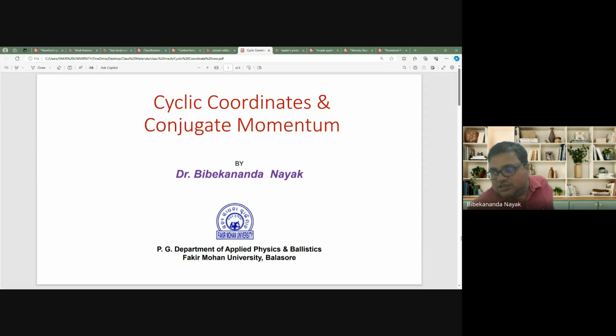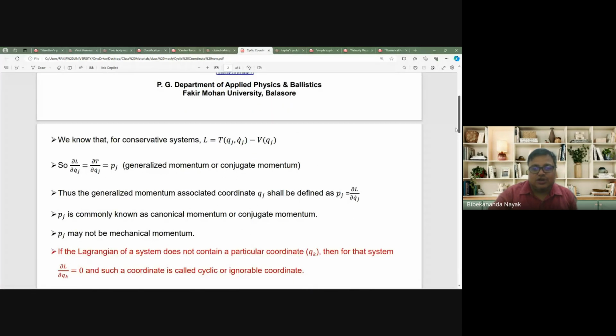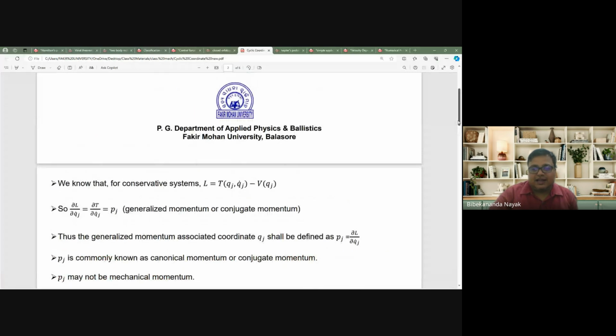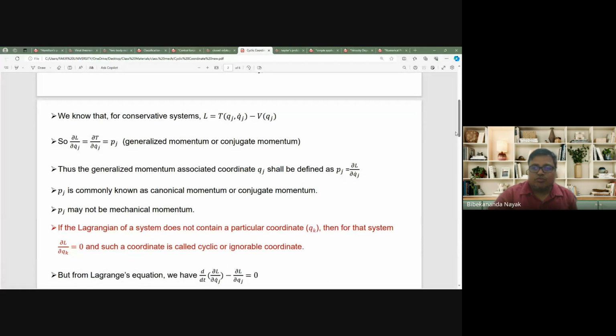If a coordinate does not appear in the Lagrangian, we call it a cyclic coordinate. Lagrangian contains many coordinates. If a coordinate does not appear in the Lagrangian, we call it a cyclic coordinate. We know that for a conservative system, Lagrangian is equal to T minus V. And del L by del Qj dot is equal to del by del Qj dot of T minus V. Since V does not contain velocity, so it will be del T by del Qj dot is equal to Pj.